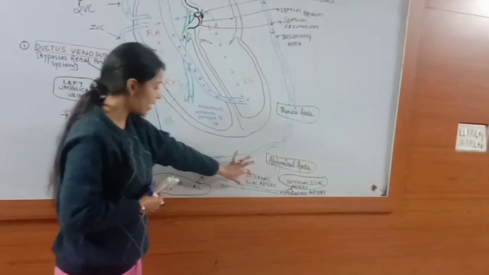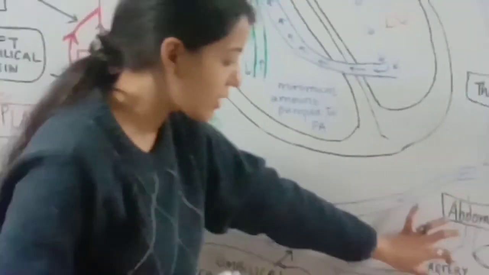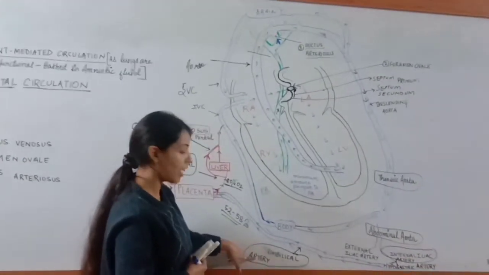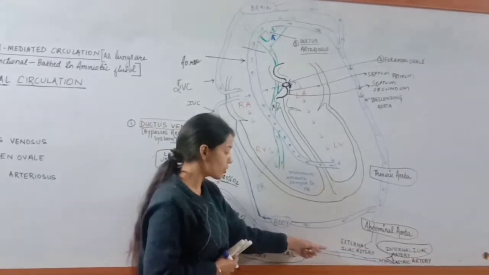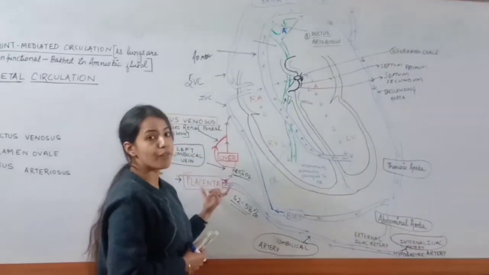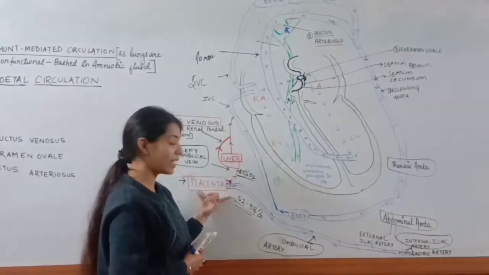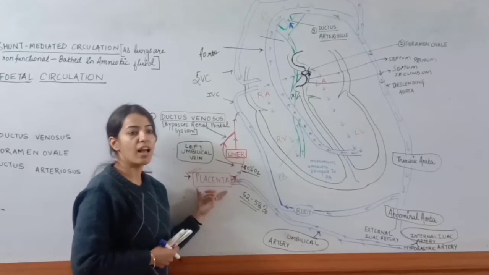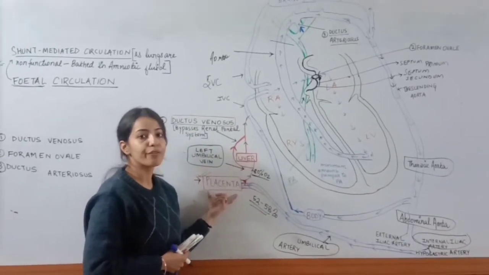From this hypogastric artery, the two sets of the umbilical artery are going to come out, which is going to give the blood to the placenta for oxygenation. So we can see here, placenta is working as lungs in case of the fetus.